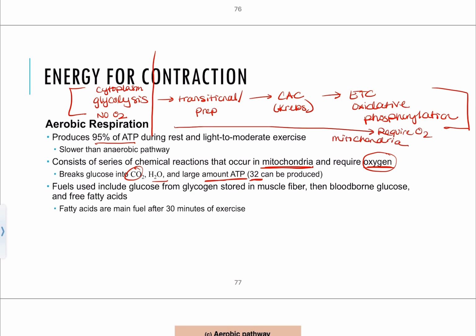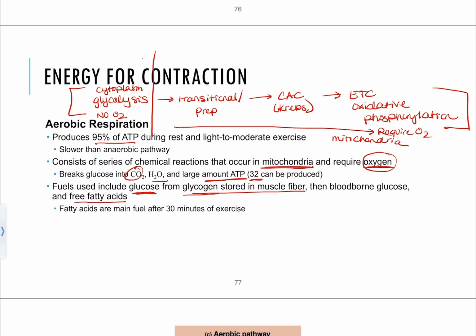When we're talking about aerobic respiration, so this whole pathway, yes, we can use glucose because it does include glycolysis where we split glucose into pyruvic acid. How do we get that glucose? From glycogen that we have stored in the muscle fiber. We also have free glucose floating in our blood as well that we can use. We can also, this is telling you, free fatty acids.